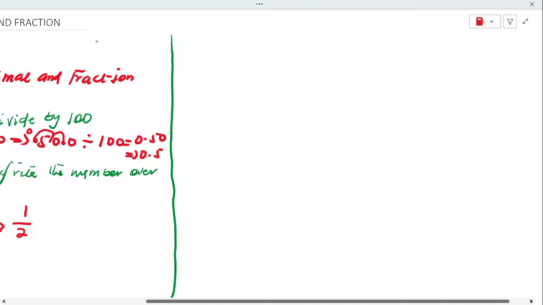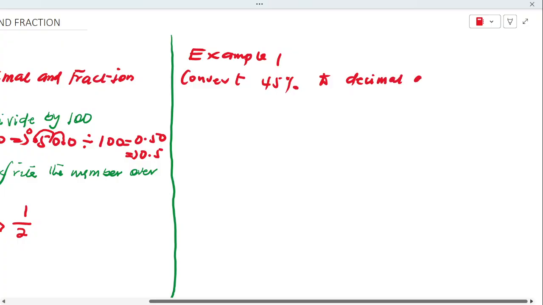It says convert 45% to decimal and fraction.